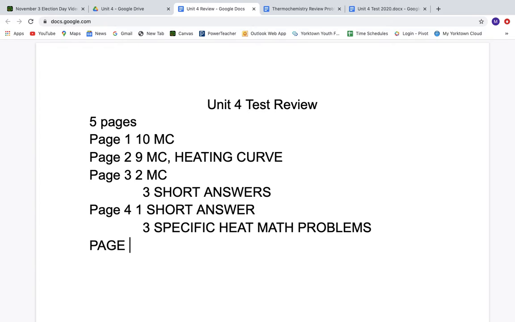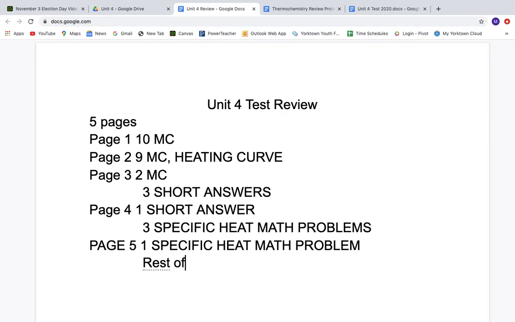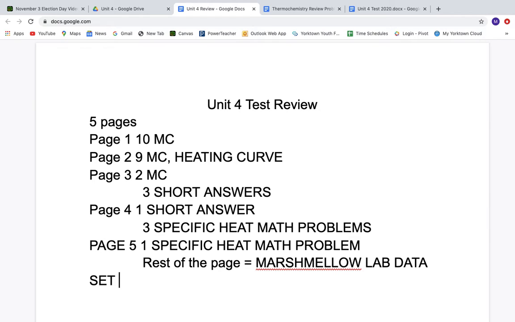Page 5 will be 1 specific heat math problem, and then the rest of the page is a marshmallow lab data set of questions. So there is the general setup. Let's go backwards a little bit.